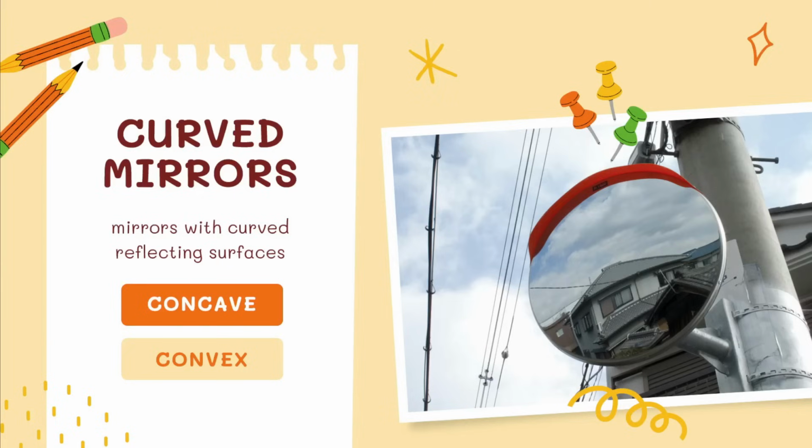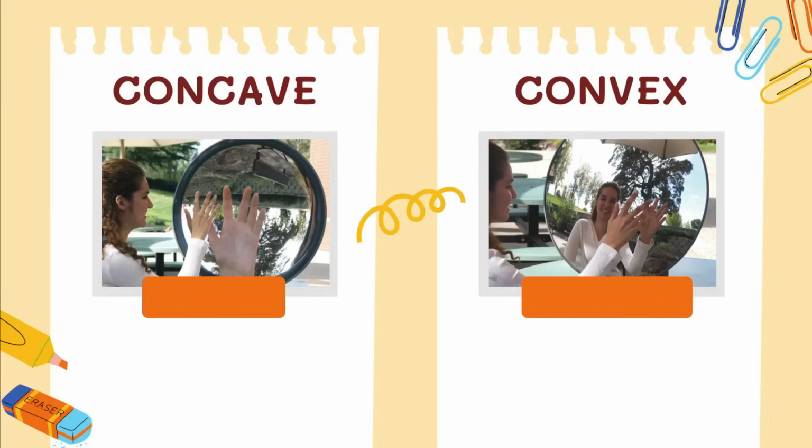So, anong pagkakaiba ni concave kay convex? Okay, so makikita natin dito sa ating mga image yung isa sa mga pagkakaiba ng images formed by concave mirrors and convex mirrors.